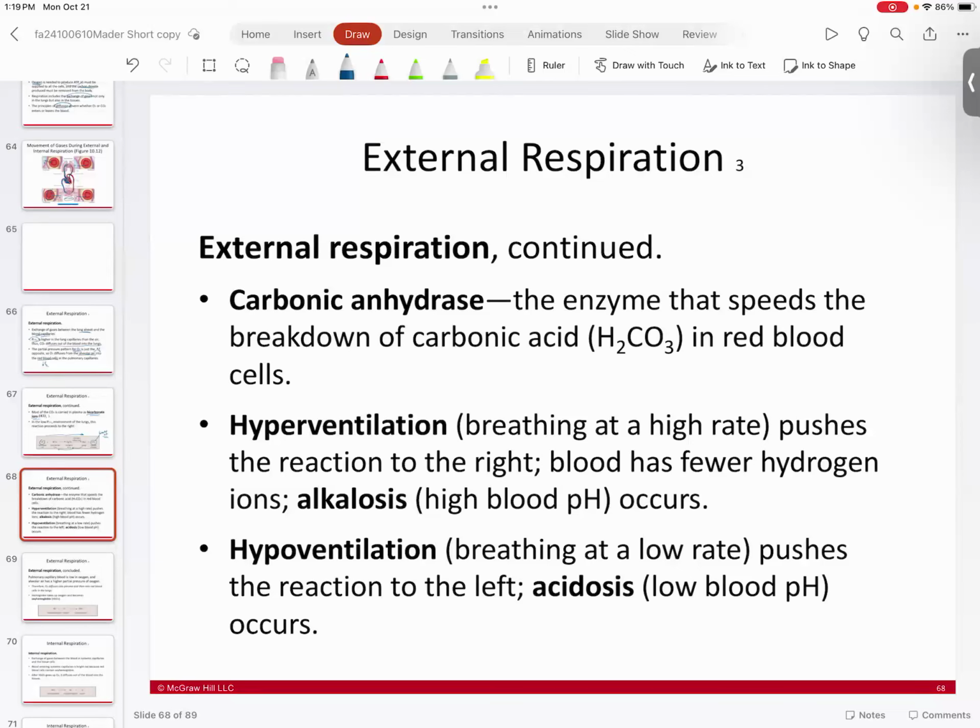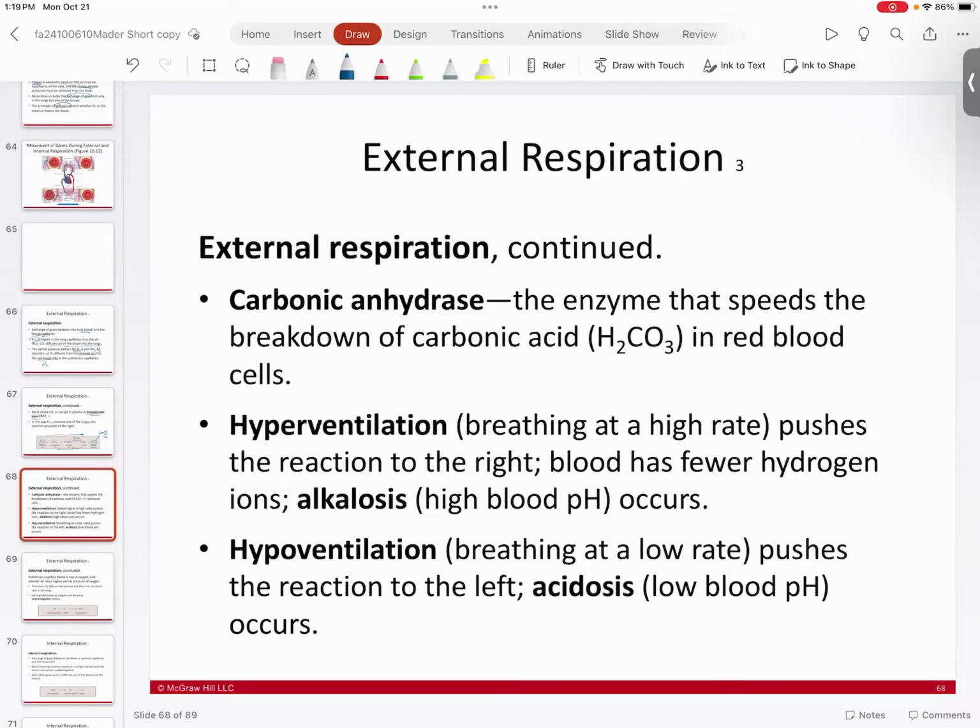And then you can back it up and liberate that CO2. It'll come out as a gas, and then that will move into your lungs so that you can breathe it out, the same way that the gas comes out of solution when you pop the top on a 2-liter bottle.